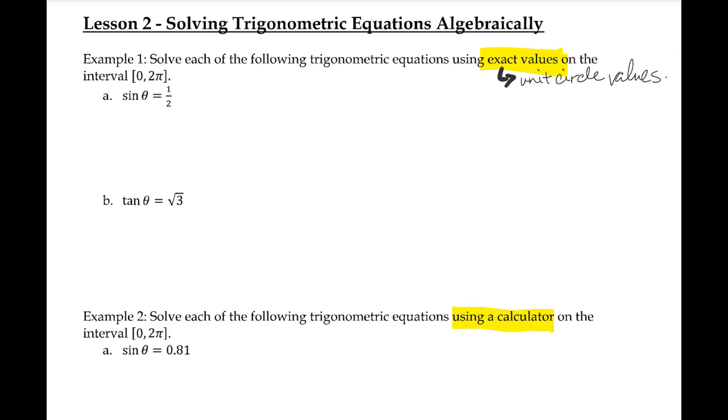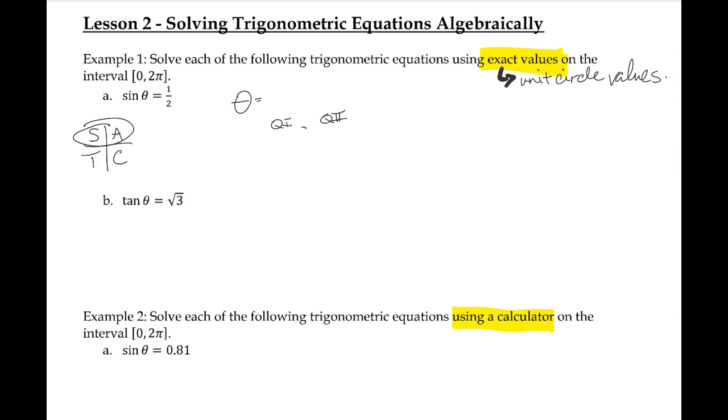When we see sine theta equals 1/2, we need to keep a couple things in mind. First, according to All Students Take Calculus, sine is positive in quadrants 1 and 2. So we're going to have 2 answers potentially. Sine is positive in 1 and 2, so I expect an answer for quadrant 1, and I expect an answer for quadrant 2.